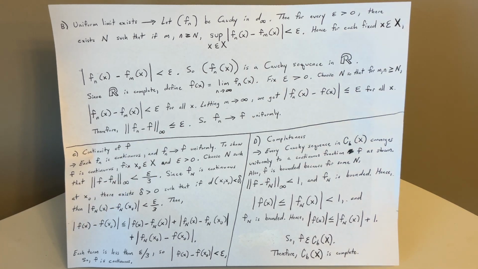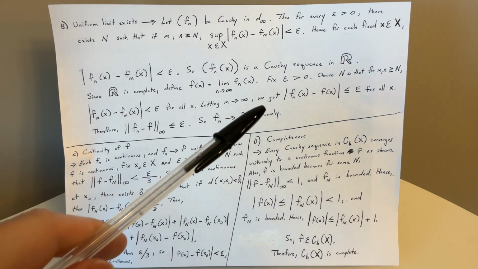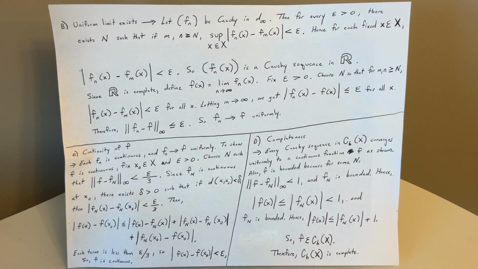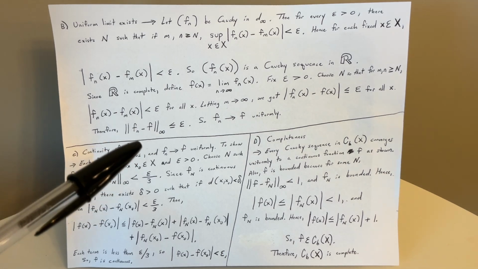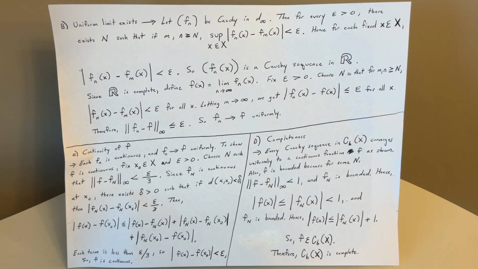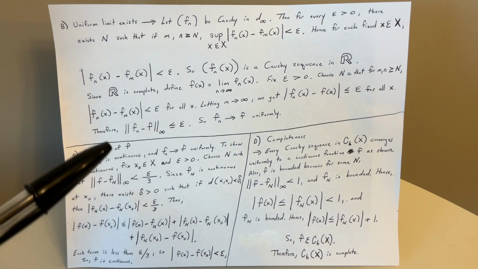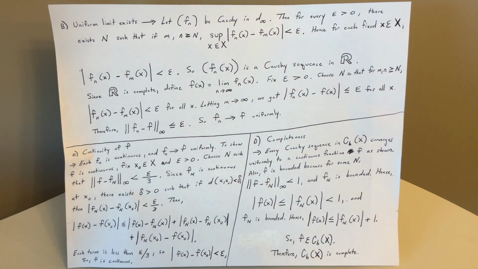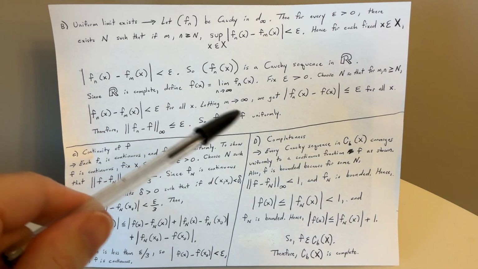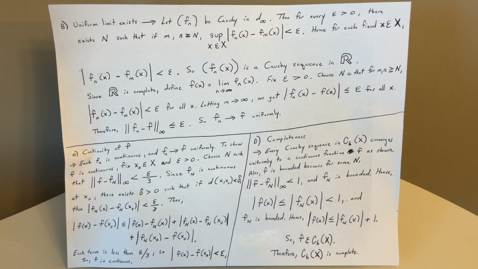Letting m approach infinity, we get the absolute value of f_n(x) minus f(x) is less than or equal to epsilon for all x. Therefore, we get this norm, the sup norm of f_n minus f, is less than or equal to epsilon. So f_n is going to go to f uniformly.